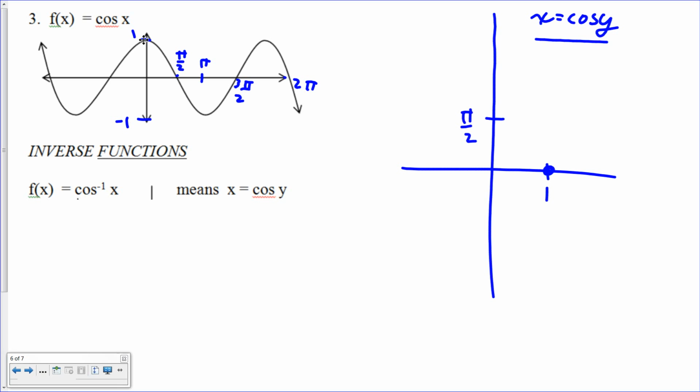Go back to this graph. Pi, negative 1 becomes negative 1, pi. Three pi over 2, 0 becomes 0, 3 pi over 2.